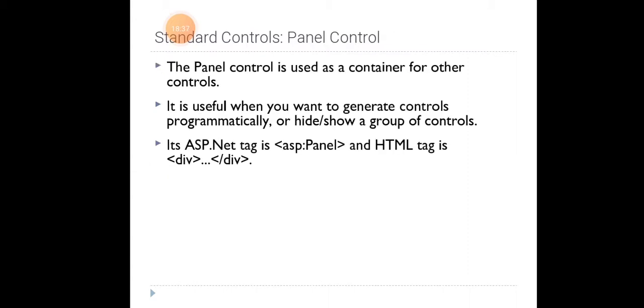Next, the panel control. It is a container control. The panel control is used as a container for other controls. It is useful when you want to generate controls programmatically or hide or show a group of controls. It uses the tag asp:Panel and the HTML tag is div.